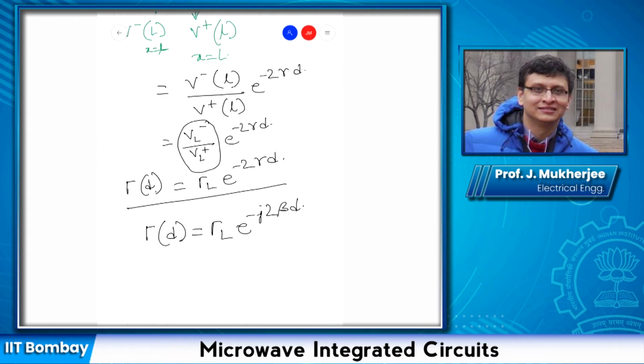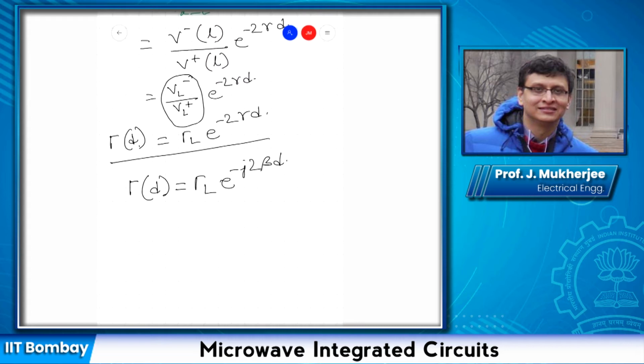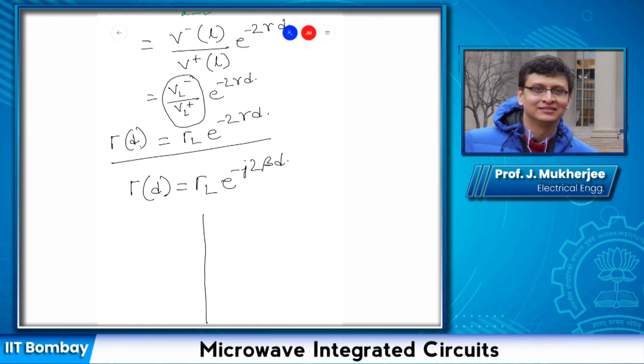Now what does this mean graphically? Graphically, note that capital gamma can be complex, right? It's a complex quantity. So if I plot gamma, this is the imaginary value of gamma, this is the real value of gamma.